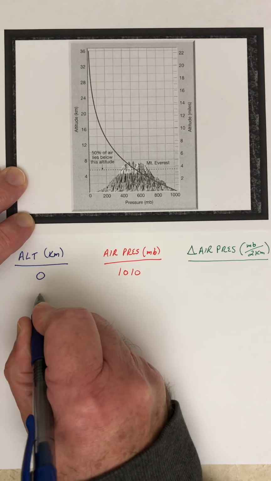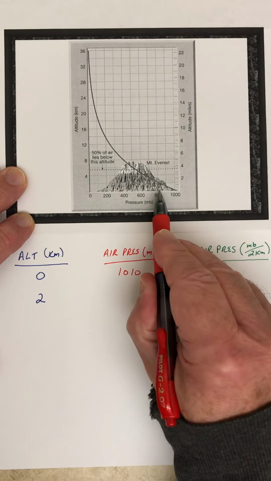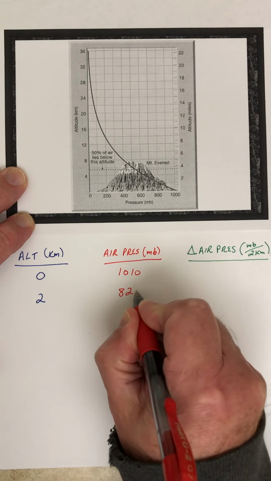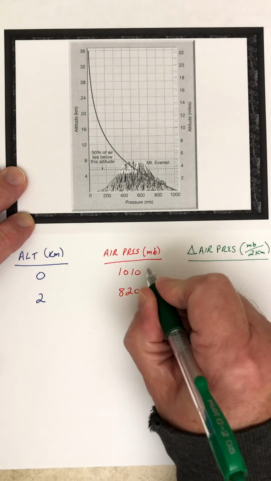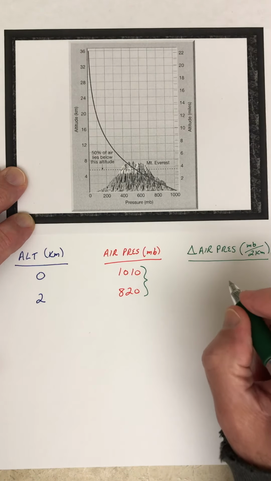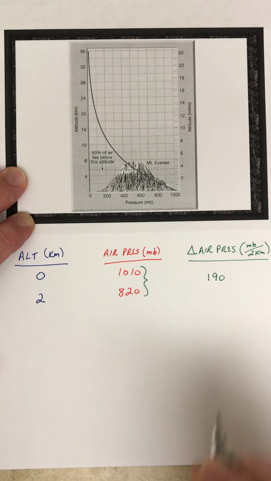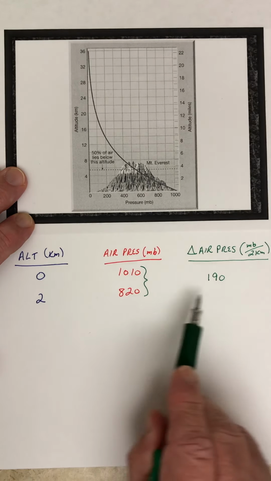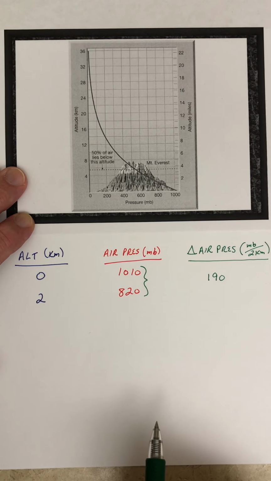We find that at 2 kilometers the air pressure is about 820 millibars. So we have a change in air pressure between these 2 altitudes of 190 millibars for every 2 kilometers.